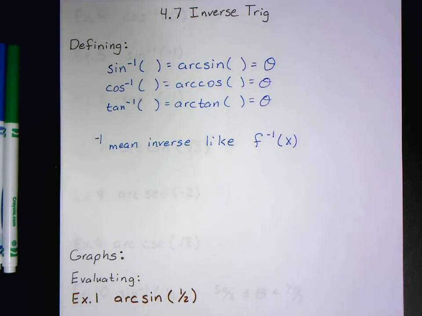We put that little -1 up there last semester when we were doing inverse functions to mean the inverse of x, or inverse of f. So that's what the little -1 means. It's not an exponent.